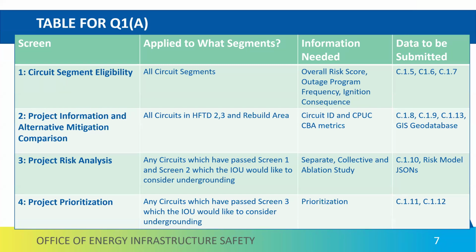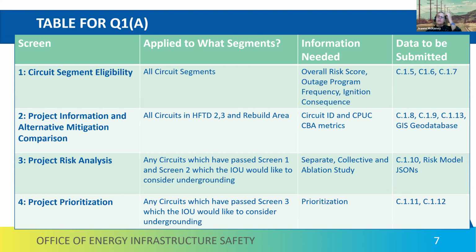Understood. But that will not have been validated or assessed in any way by Energy Safety for its ability to reduce risk. You're simply collecting that data. You're not passing it through your objective screen 3, your risk analysis, or your prioritization analysis?